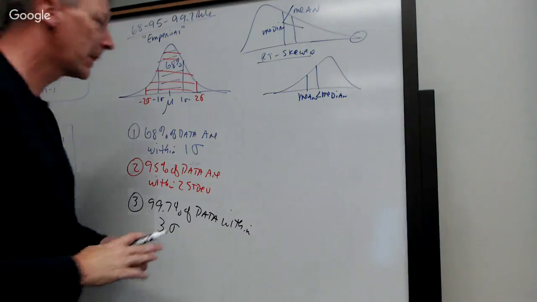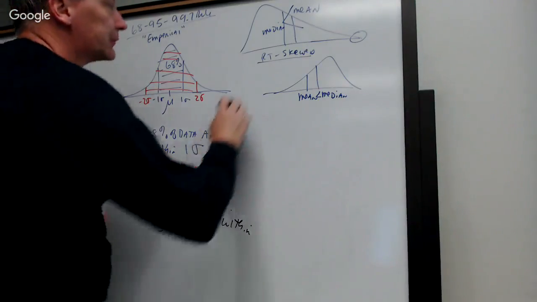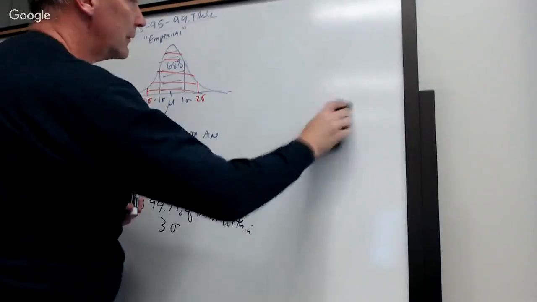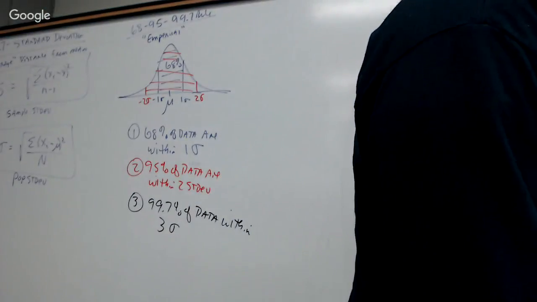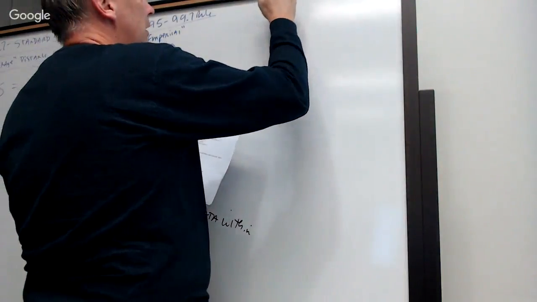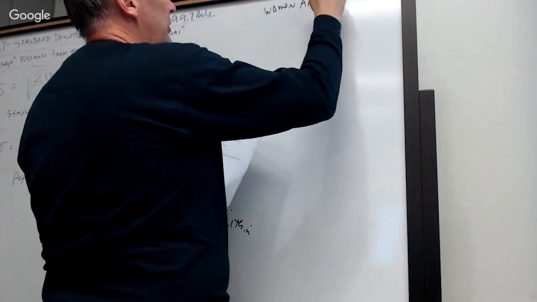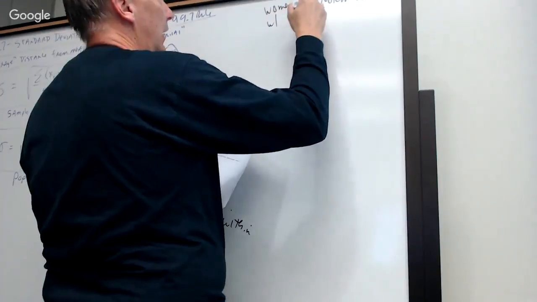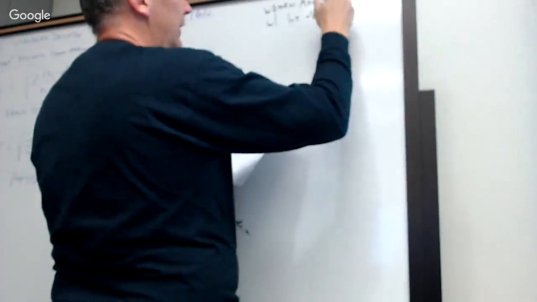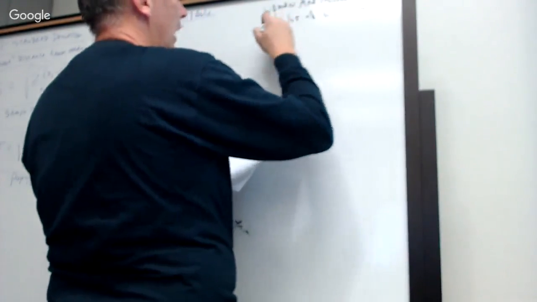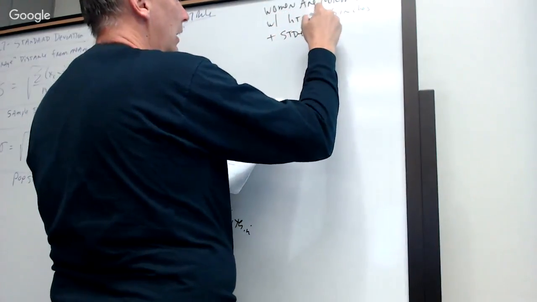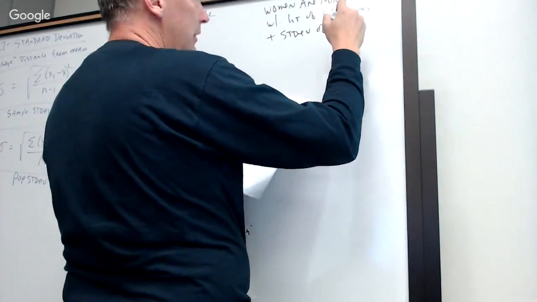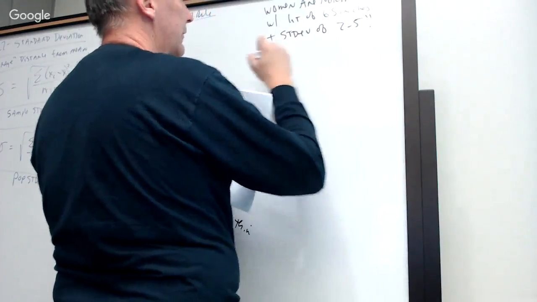Okay? So what if I told you that women are normally distributed with a height of 65 inches and a standard deviation of 2.5 inches.